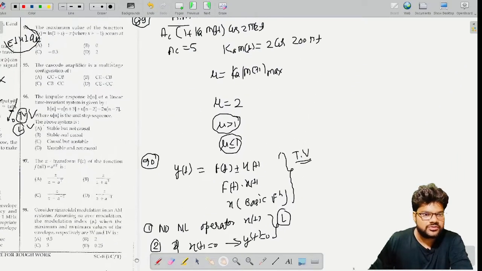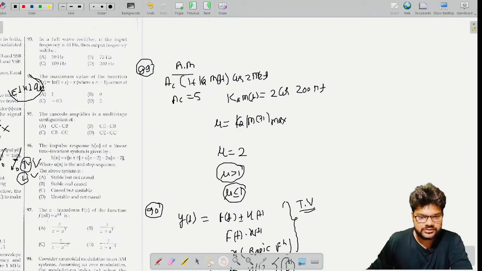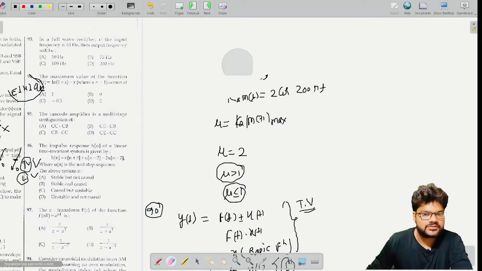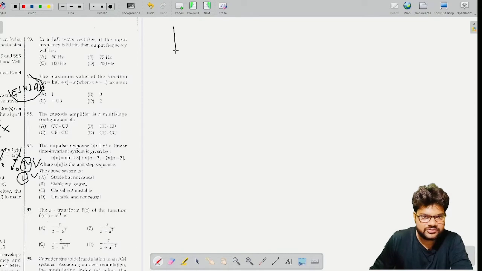Let us go to the next question, question number 93. This is from analog circuits, again on the full wave rectifier. In a full wave rectifier, if we give this input, we get output for both cycles, like this.